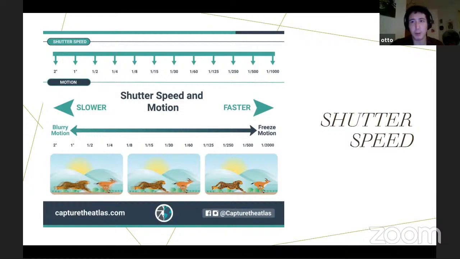Now, if you're on a tripod, it doesn't matter quite so much what your shutter speed is, because you're on a steady platform, and it can be as slow as you like. If you're doing it handheld, it depends on how steady your hands are. The rule of thumb is that whatever your focal length is, you should have that as your shutter speed.